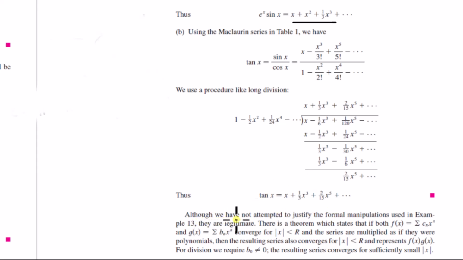Okay, it says, although we have not attempted to justify the formal manipulations used in the example above, they are legitimate. There's a theorem which states that if both f of x and g of x, two power series, converge for some radius of convergence r, and the series are manipulated as if they were polynomials, then the resulting series also converges for that same radius of convergence and represents f of x times g of x.